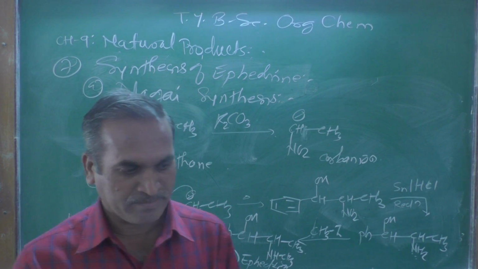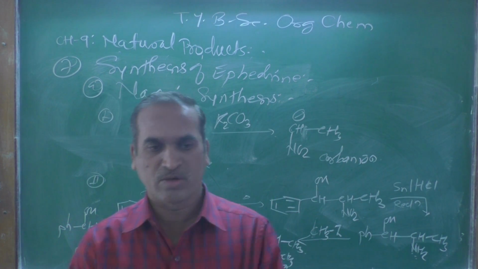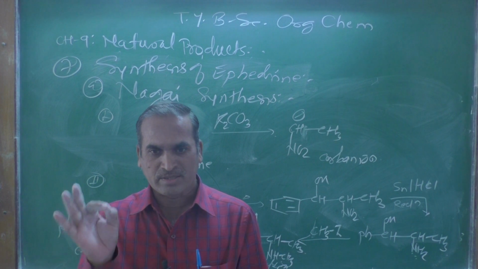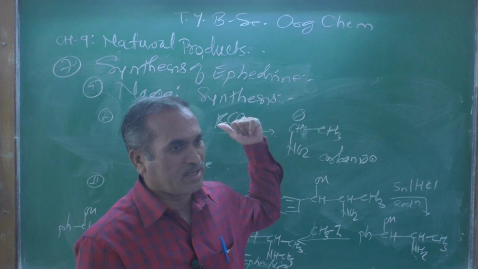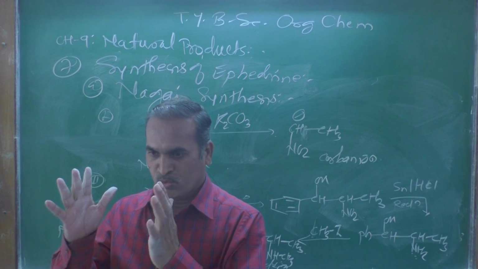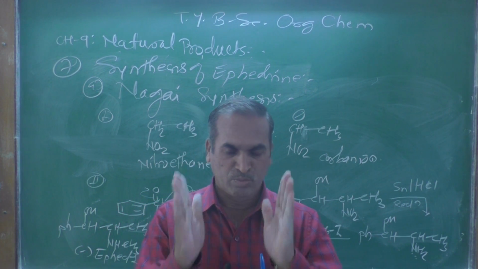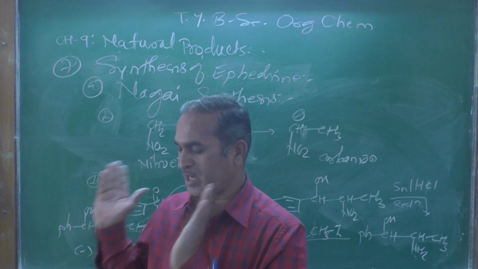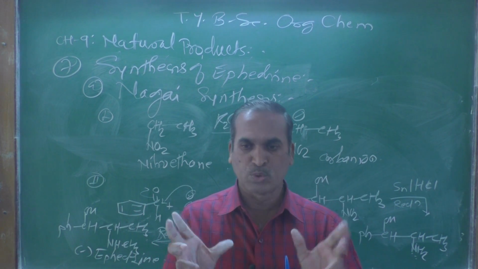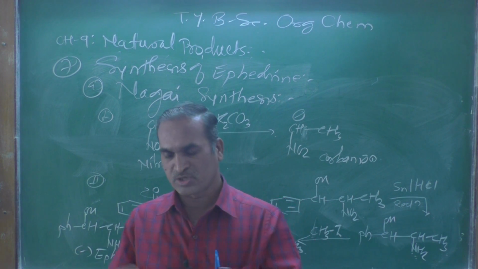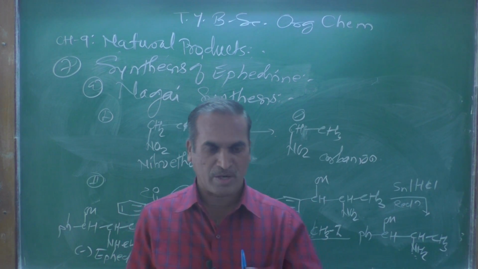I think with this we have completed chapter number 6, the name of the chapter is Natural Products. We have studied this chapter in two sections. First section we covered is terpenoid.